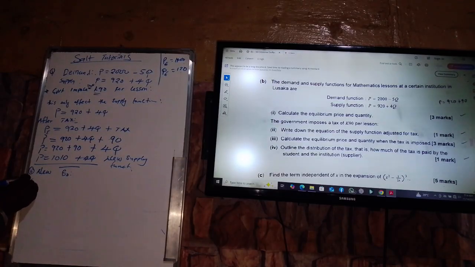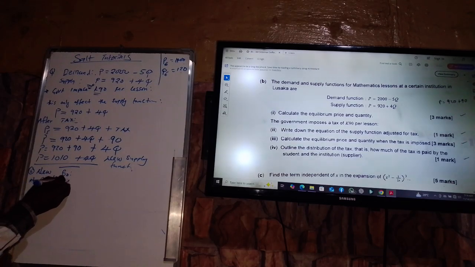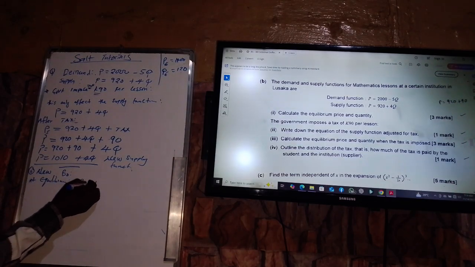It means at equilibrium, PD should be equal to PS.